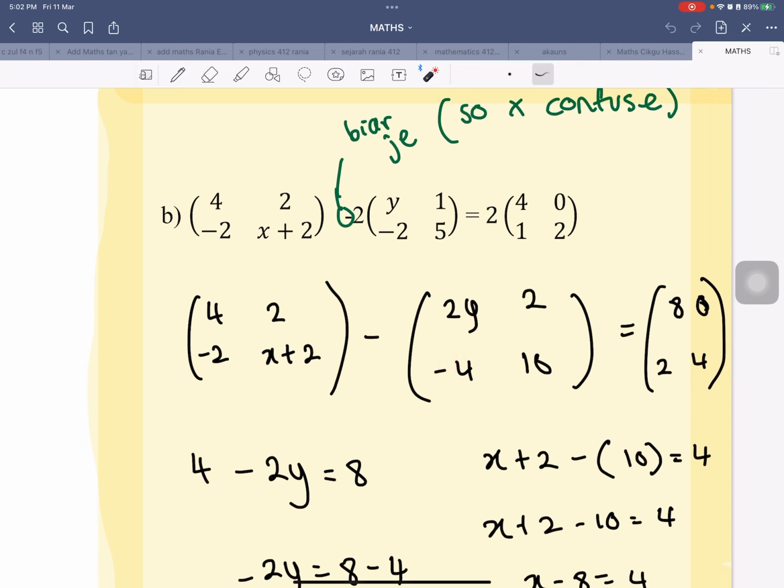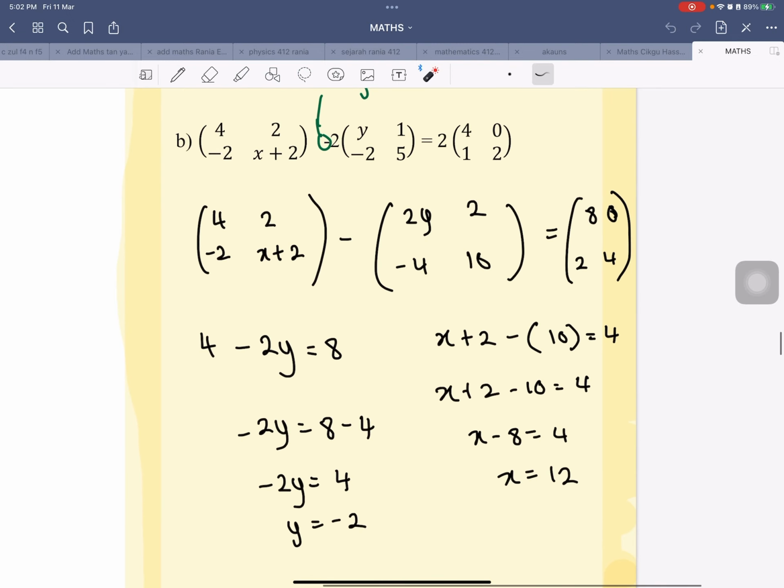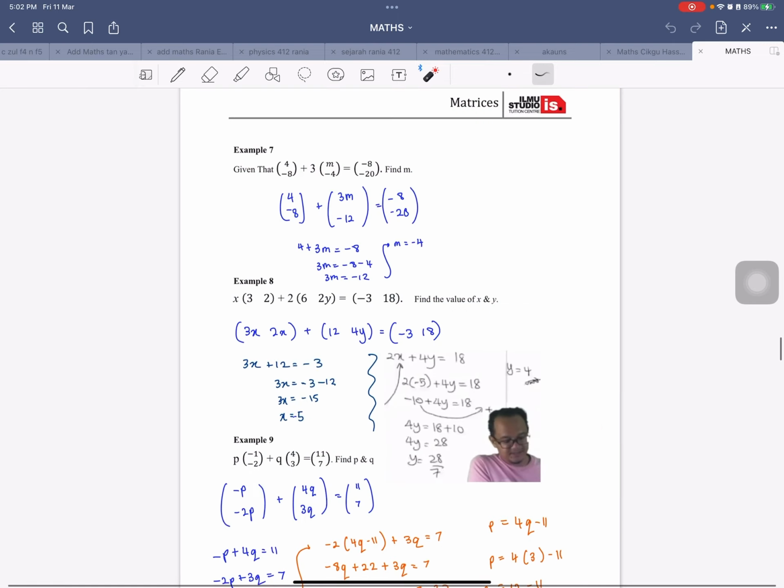So same thing. 4 minus 2y equals to 8. From there you can get your answer. Y equals to -2. Okay, x plus 2 minus 10, get 4. Ta-da!